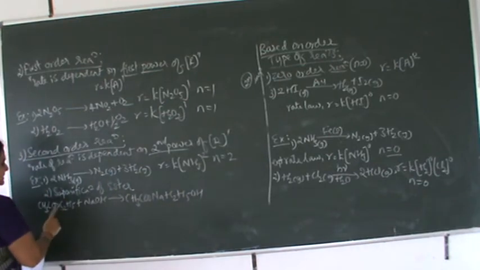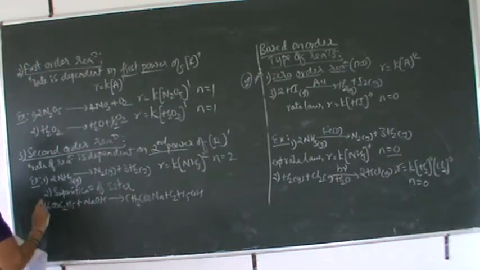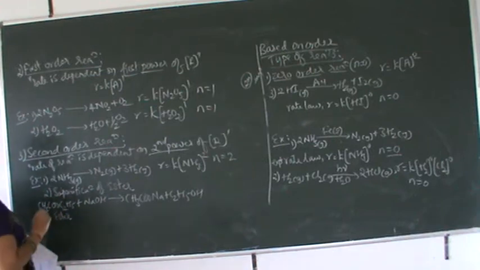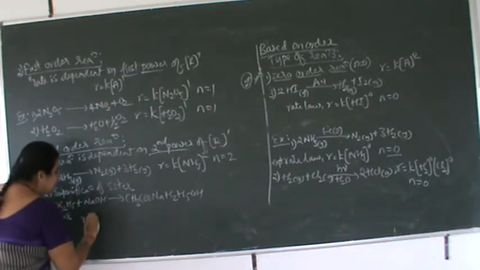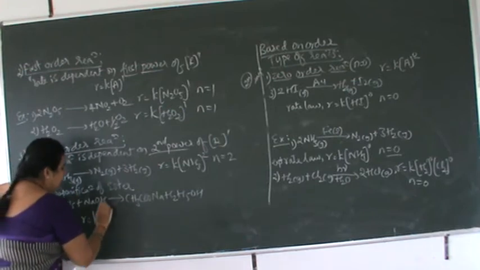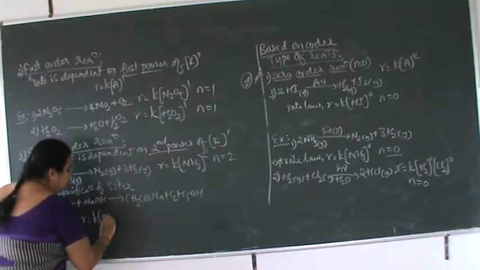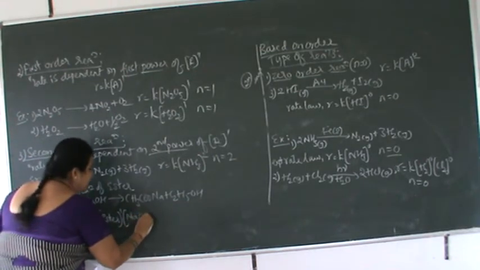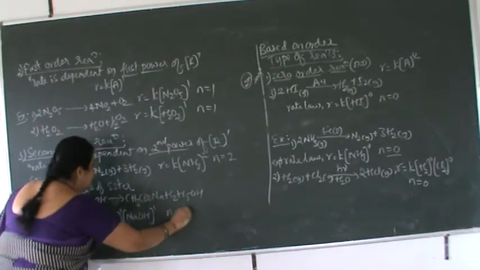This compound is ethyl acetate, or ethyl ethanoate is the IUPAC name of this compound. Generally we can see it as an ester. So the rate law is given by K into [ester] raised to 1 into [NaOH] raised to 1. So n is equal to 2.